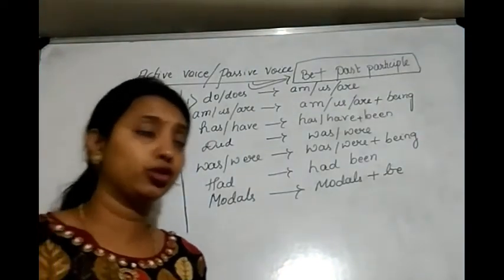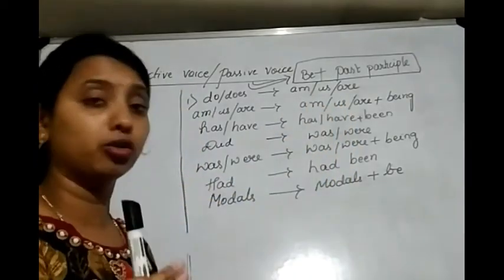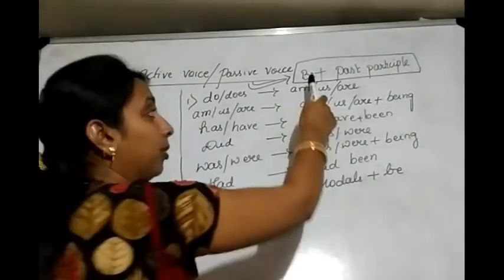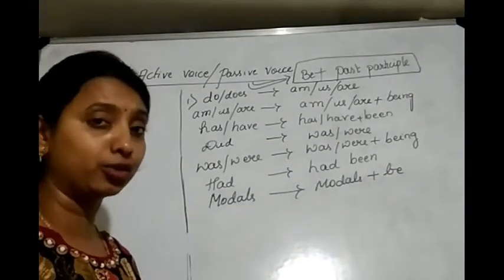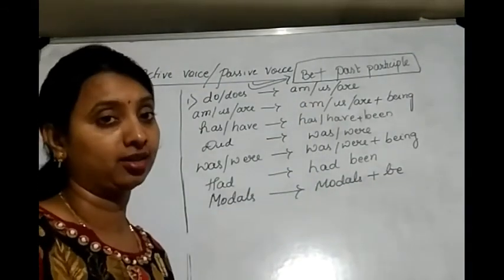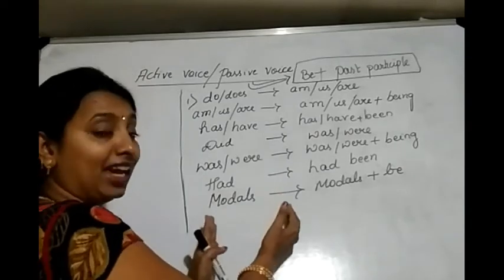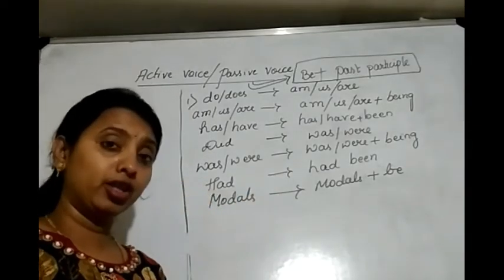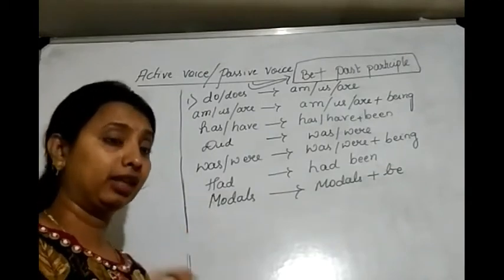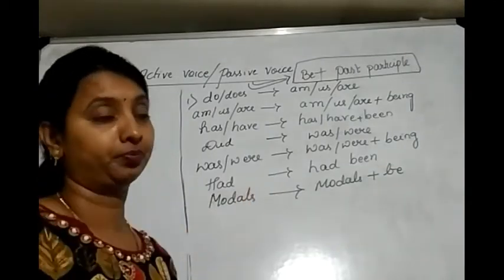Before that, you should know this rule. What is the rule of passive voice? Be form plus past participle. So, you have to keep this rule in your mind. And whatever notes I gave you below, those things are very important. If you don't know, then you have to learn those things and then continue with this one.